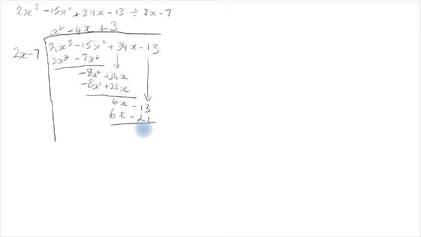So the overall answer to our initial problem is x squared minus 4x plus 3 plus 8 over 2x minus 7.